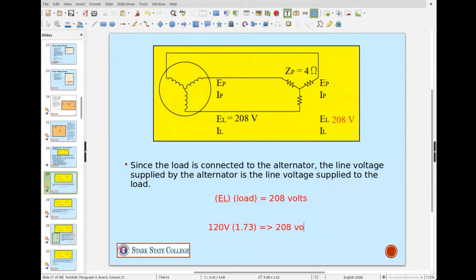Okay, so when you're talking about three-phase, you see people talking about 208 volts all the time. That's the line-to-line voltage. Okay, so 208 volts line-to-line is 120 volts for a single line.